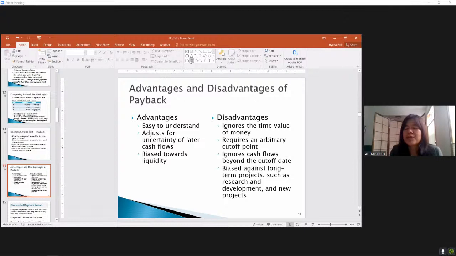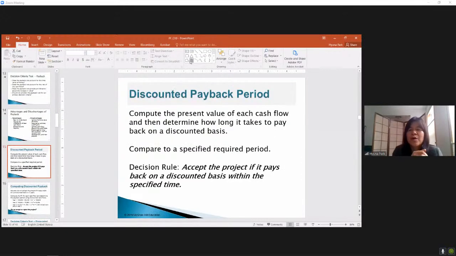Any questions so far about the payback rule? If you don't have any questions, let's move forward. Another tool fixes some of the shortcomings of the payback rule. This is the discounted payback rule. The discounted payback period computes the present value of each cash flow and then determines how long it takes to pay back on a discounted basis.